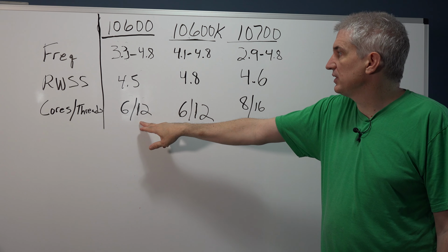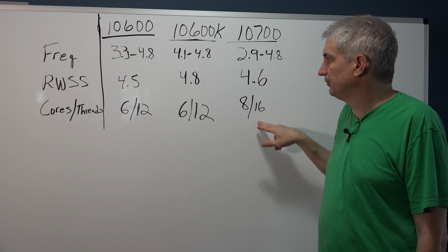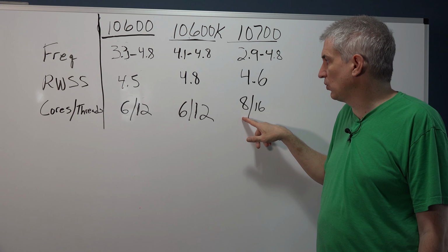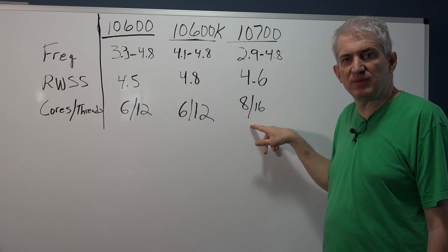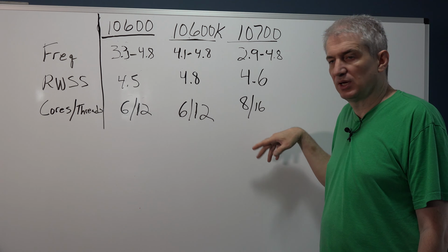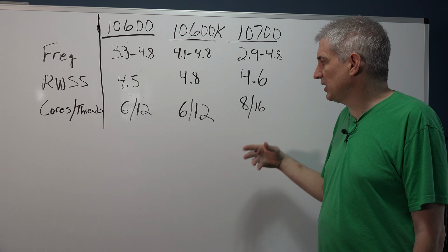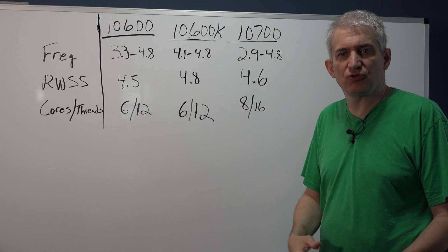To go from this chip up to this chip, you're getting 0.1 gigahertz more performance and 2 more cores. I think this is going to be in the $175 range. Again, debatable if it's worth it, but those aren't extreme numbers. $100 and $175 are not extreme numbers.